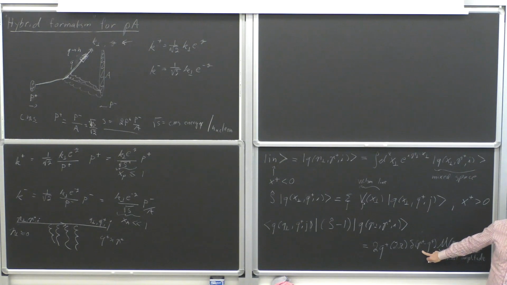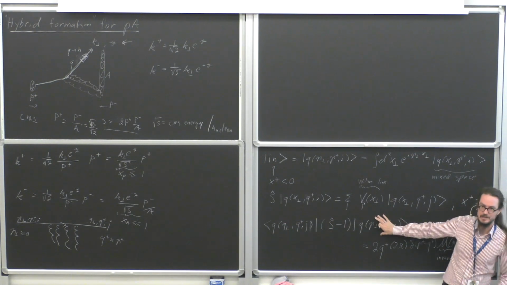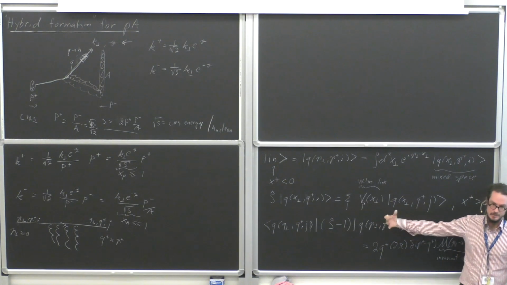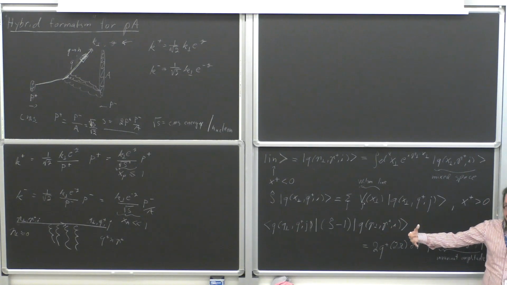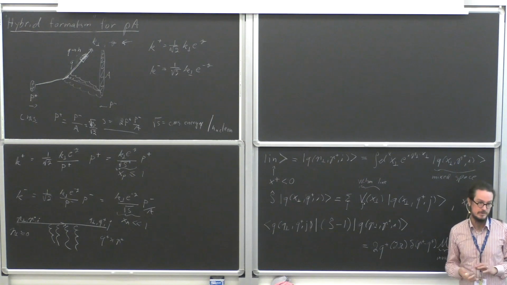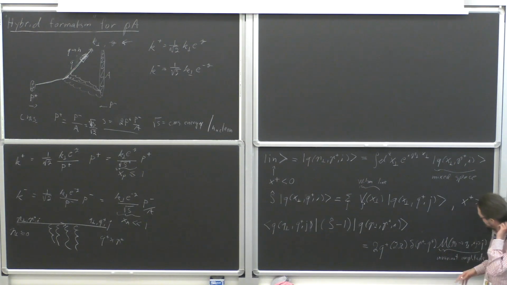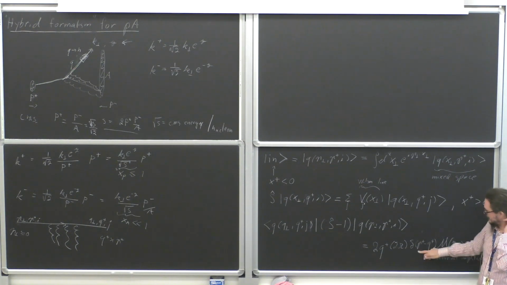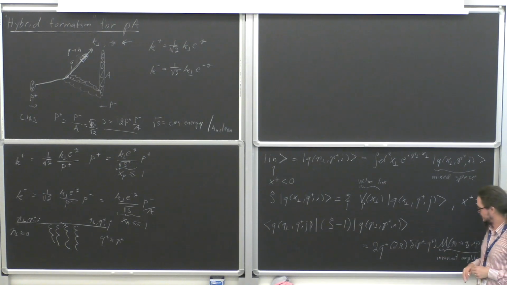If you remember, if you go from matrix elements of momentum eigenstates, you split out an overall 4-dimensional momentum conservation delta function. Here I'm just taking a 2-dimensional one, just the plus momentum is conserved.